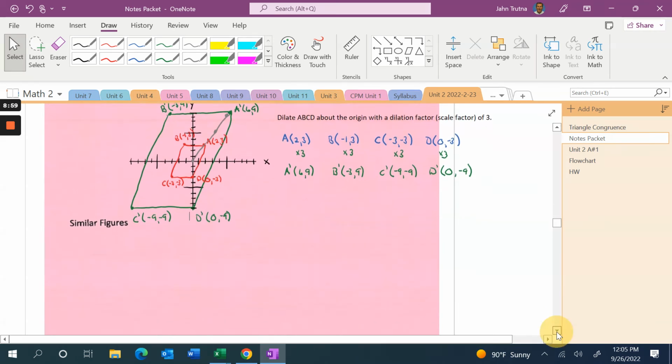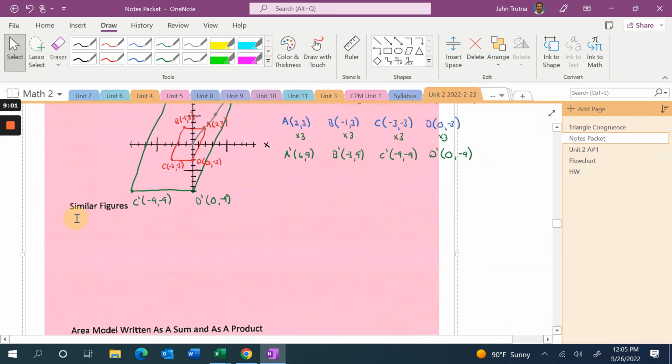Okay, so now let's go to similar figures. So the definition of what similar figures are: shapes are similar if, number 1, they are the same shape, but number 2, they are different sizes.